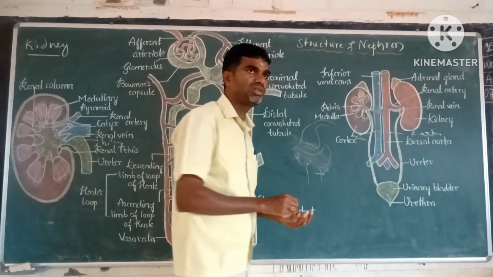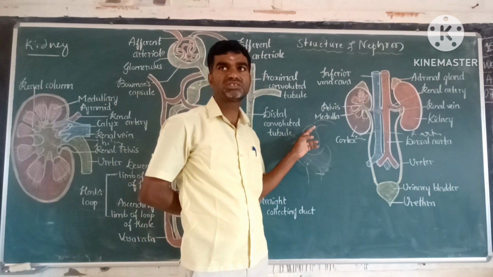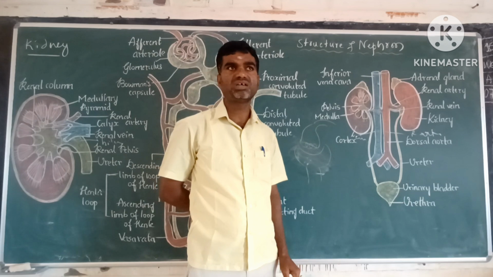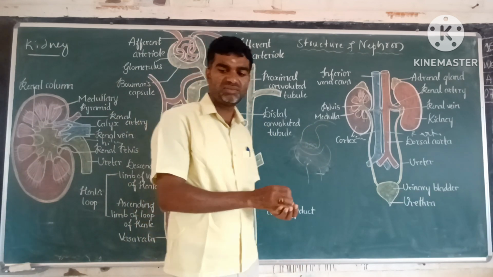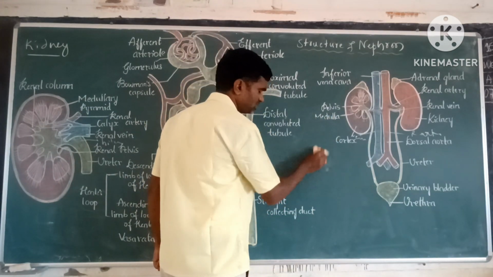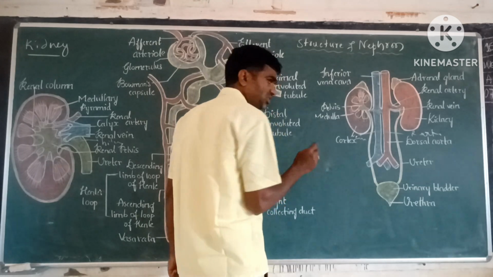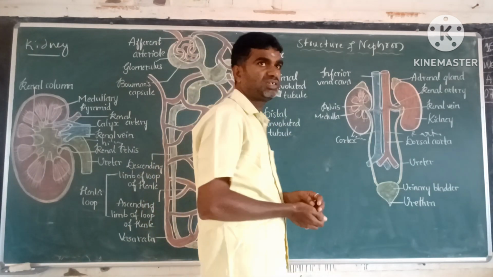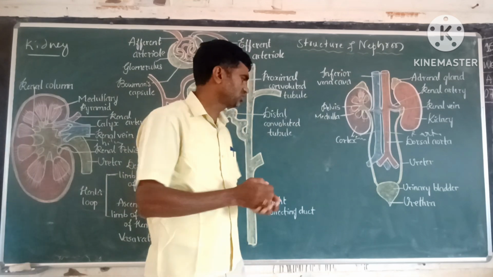Together these form the Malpighian corpuscles. This is the structure of the nephron. Each kidney contains 1 million nephrons, and through the nephrons, H2O molecules are filtered.